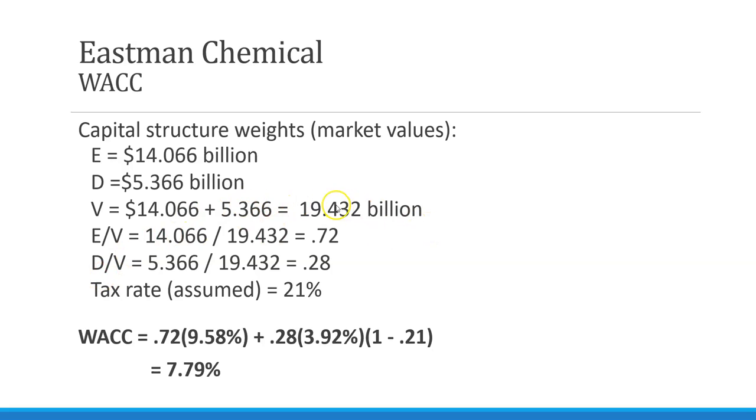That gives us a value of $19.32 million. So then the equity weight is 0.72, and the debt is 0.28, with an assumed tax rate of 21%. We get a weighted average cost of capital of 7.79%.